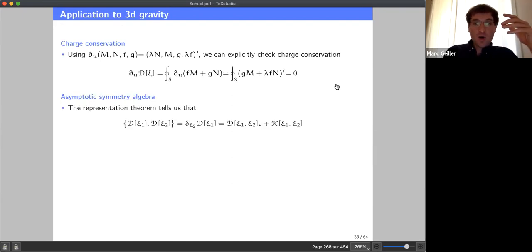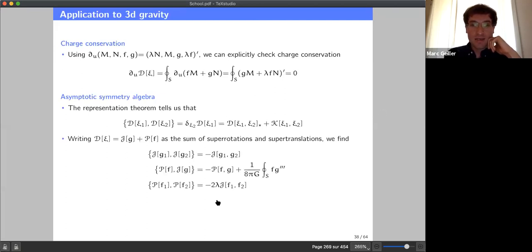Now what we said is that the representation theorem tells us that the algebra of these charges using covariant phase space should reflect the algebra which we found using this modified bracket, the bracket star, up to a possible central extension. We want to see whether this is the case. And if you just decompose the charge D as a sum of super rotations and super translations, I'm using the names J and P now, you will get this charge algebra.